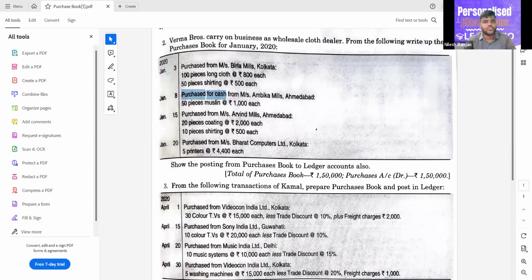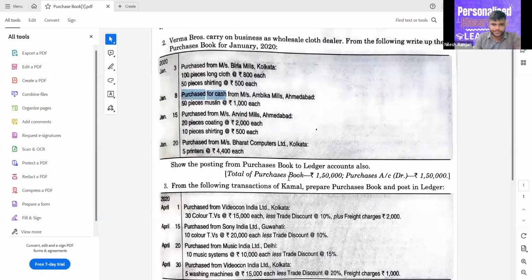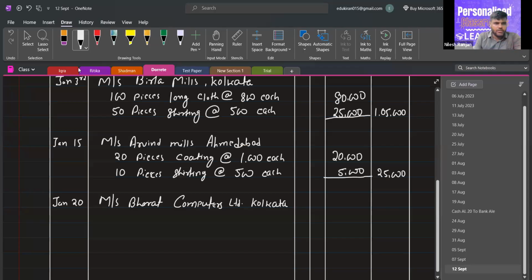So that's why it will not be recorded, because it is not a purchase of goods. We will record only those transactions in which purchase of goods is given. So purchase of assets will not be recorded.